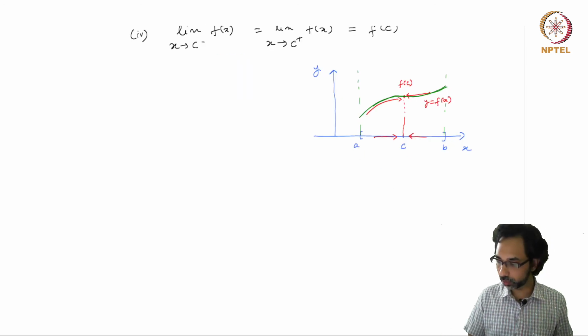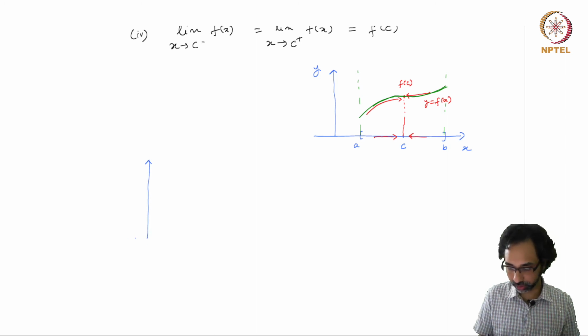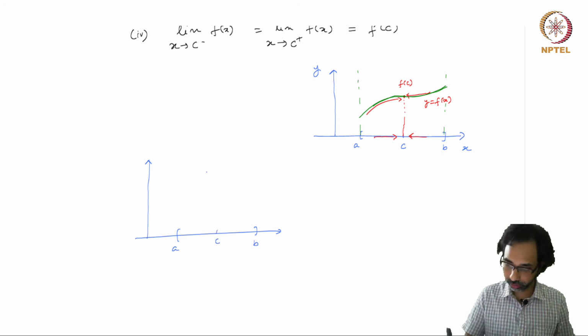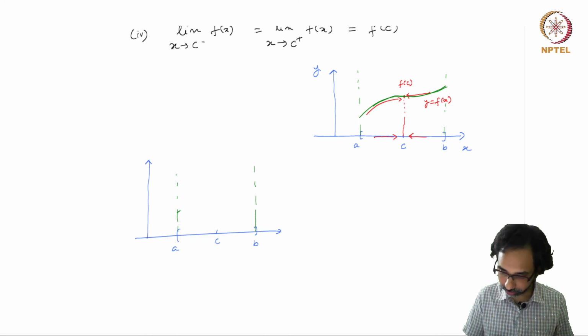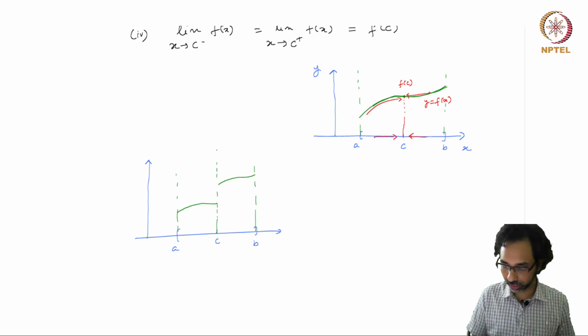So what won't be a continuous function? Maybe that's something we should see to understand continuity. Let's say a and b are here, c is here, and our f(x) looks something like this. Here is our line x equal to c. Now let's see which part is getting violated.